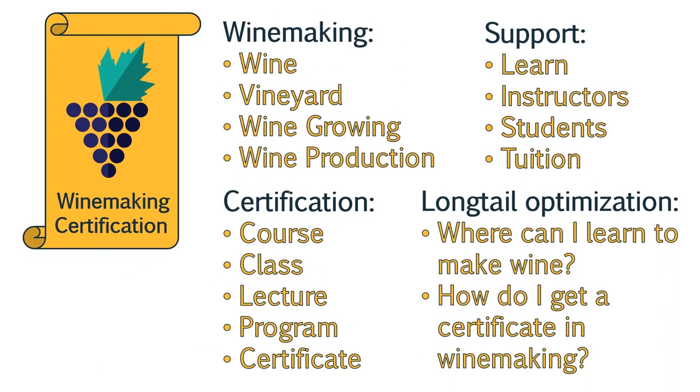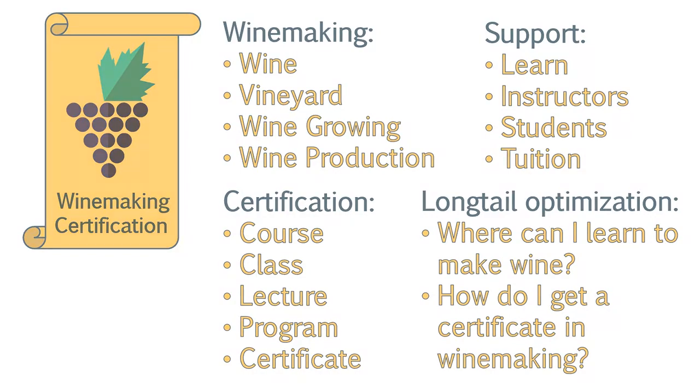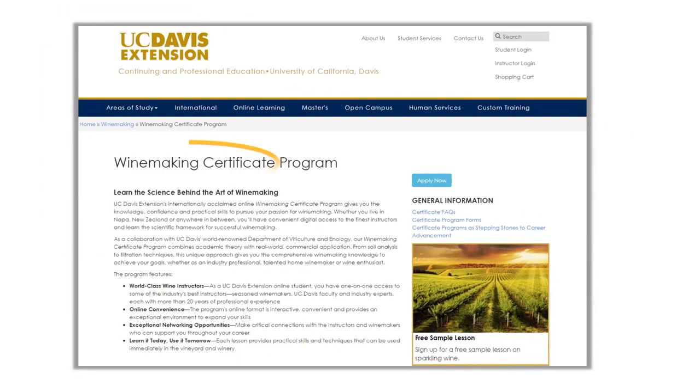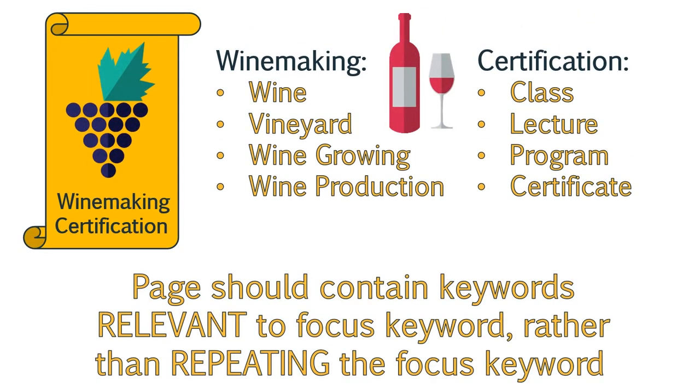For example, let's say the main focus keyword for UC Davis Extension's winemaking course is the keyword winemaking certificate. In this case, using words related to and sometimes synonymous with our focus keyword will help the page be seen as more relevant for the focus keyword or the topic it's trying to rank for, in this case, winemaking certification.